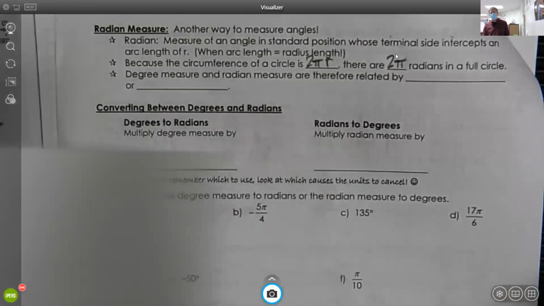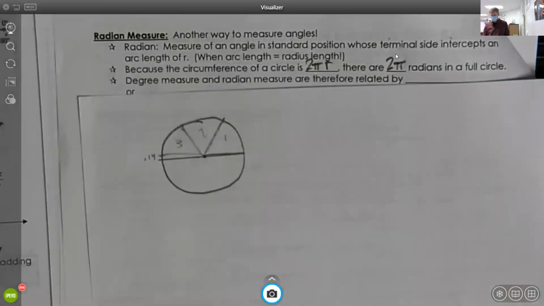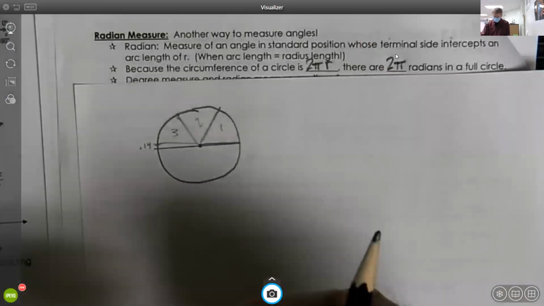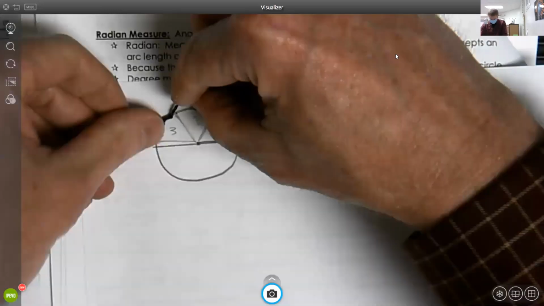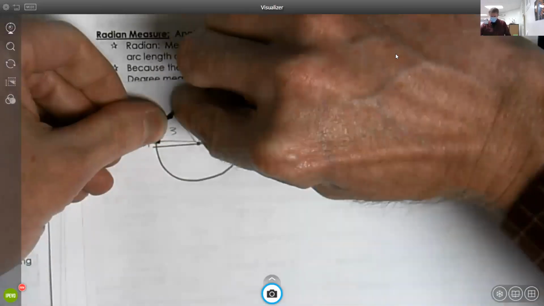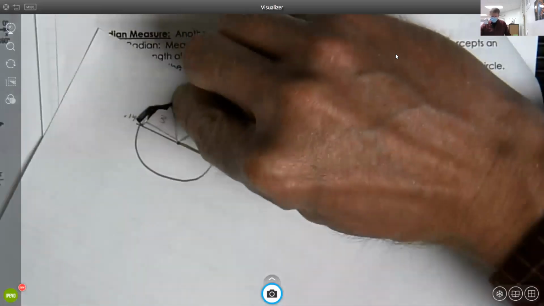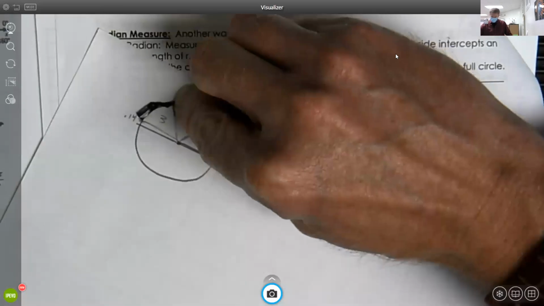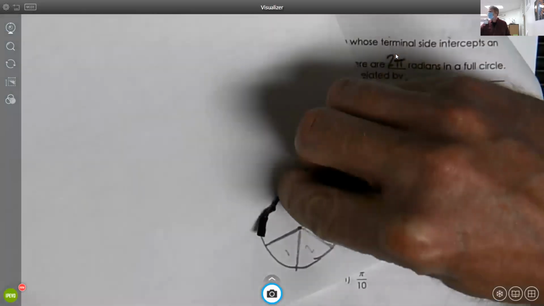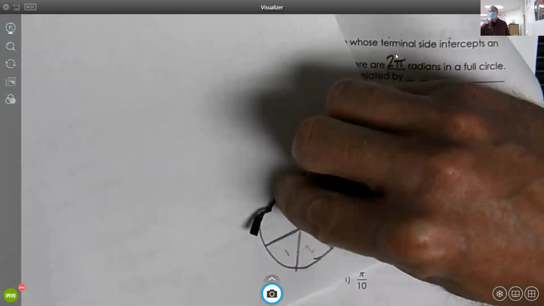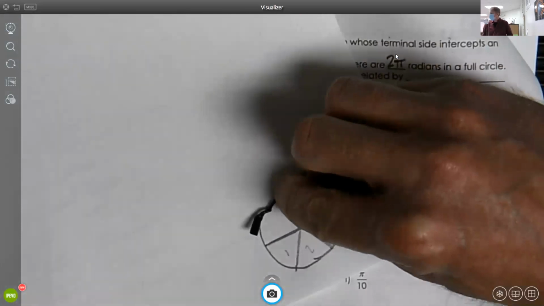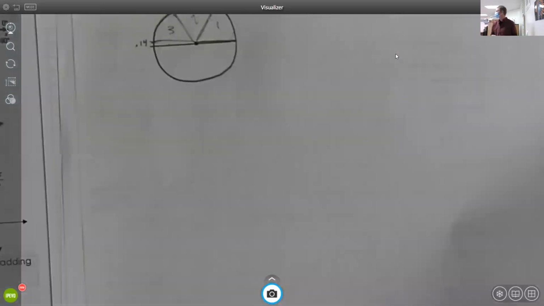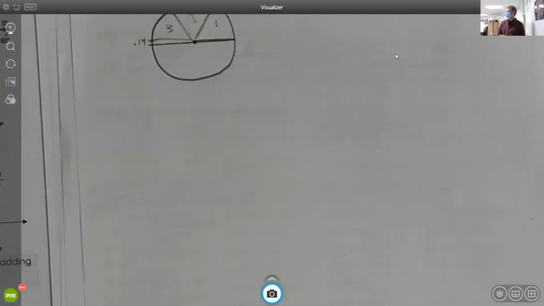So if I would continue this, I got my 3 to be approximately there. If I would continue, that was my 3, and then I would do my 4, and I would do my 5, and I would do my 6. So how many radians fit around a full circle? Two pi.